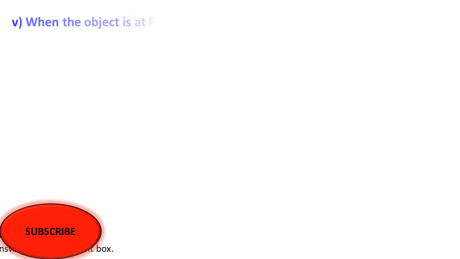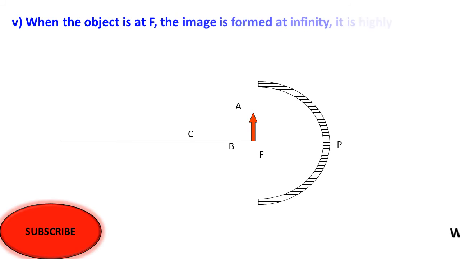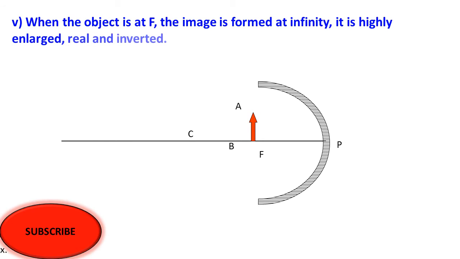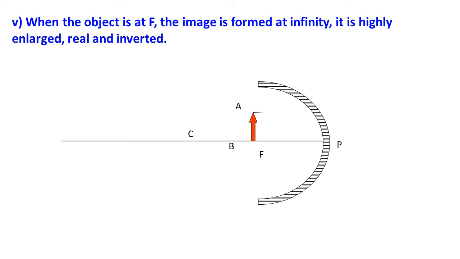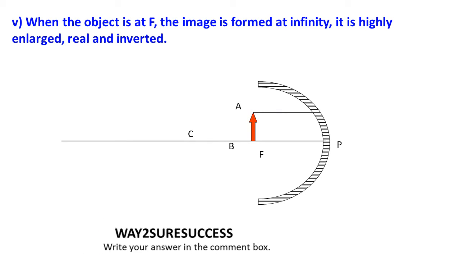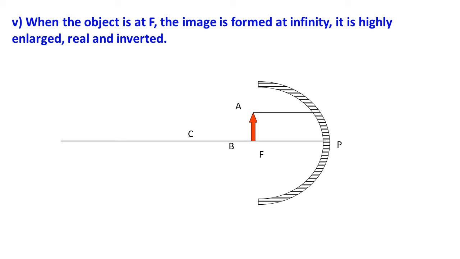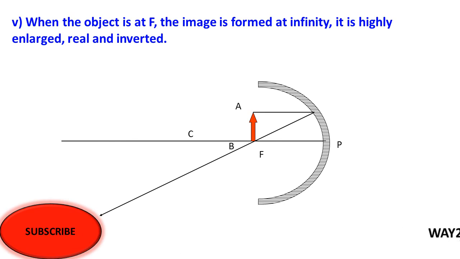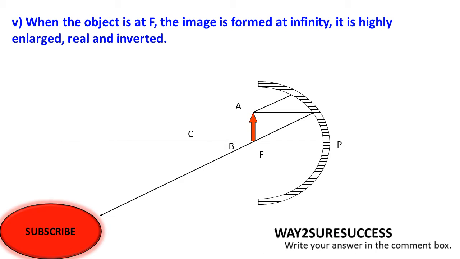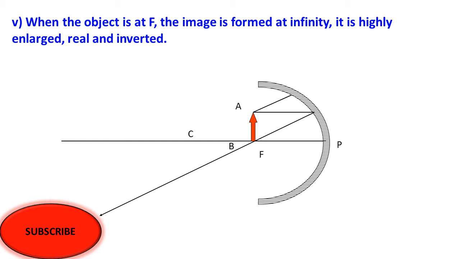Next diagram, when the object is present at the focus in case of a concave mirror. Here in a similar way, draw two light rays, one is parallel to the principal axis, after reflection it will pass through the focus. Another light ray through the center of curvature, after reflection it will pass through the same path.